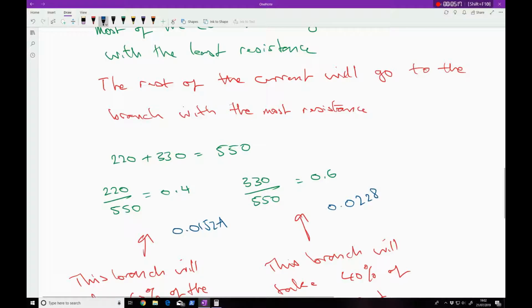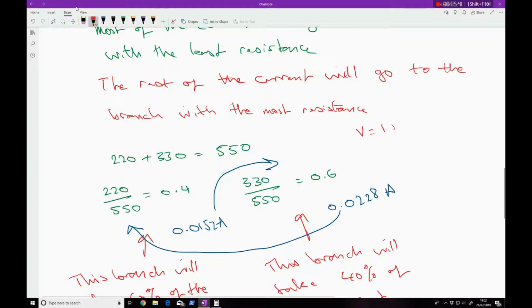And I've made a slight mistake, so I need to correct that. The current going into the branch with the least amount of resistance is 0.0228. The current going into the branch with the most resistance is going to be 0.015.